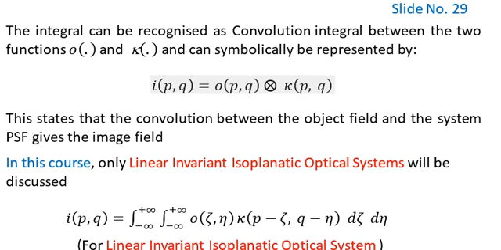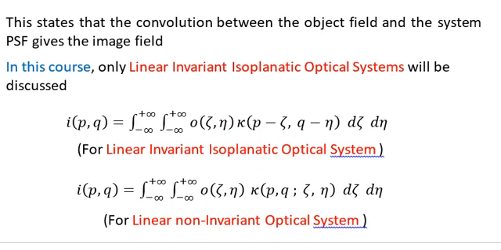So we can regard O as the geometrical image of the object convolved with kappa, because kappa is actually the point spread function of the system. So the convolution between O and kappa will give you the output I at the image plane. This states that the convolution between the object field and the system PSF gives the image field.